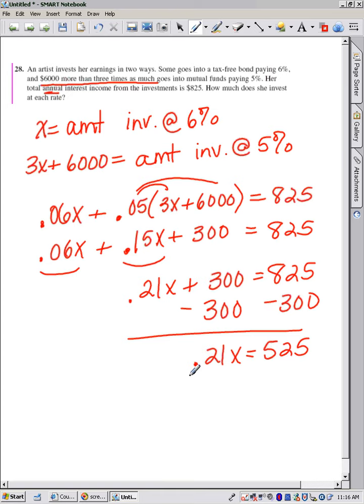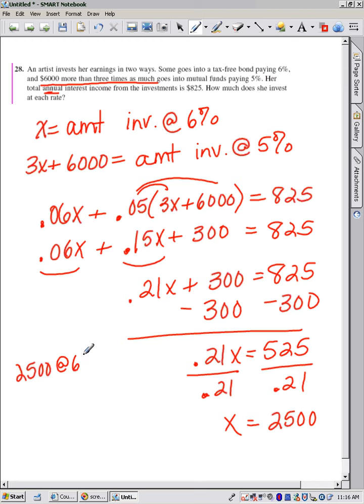Now if we divide 525 by 0.21, we get 2,500. Okay, so that tells us that this artist invested $2,500 into the account that is 6% interest.